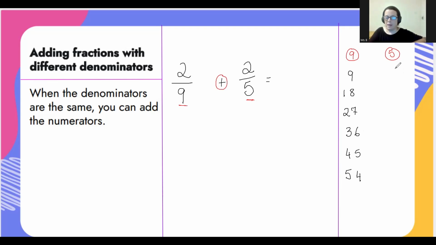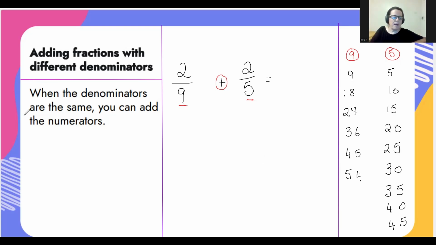Let's do our 5 times tables. 5 ones are 5, 5 twos are 10, 15, 20, 25. So far, I can't see any numbers in common. 25, 30, 35, 40, 45.